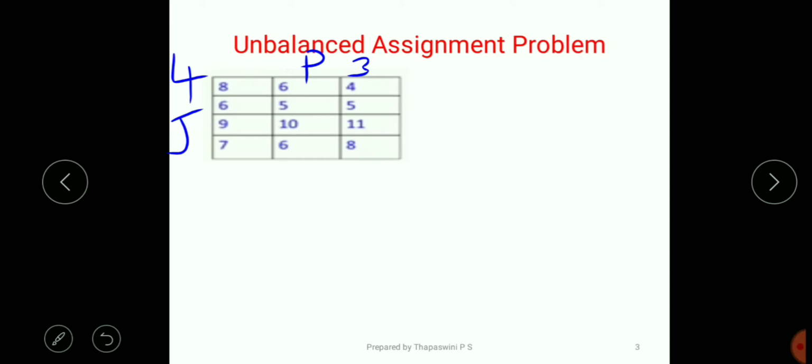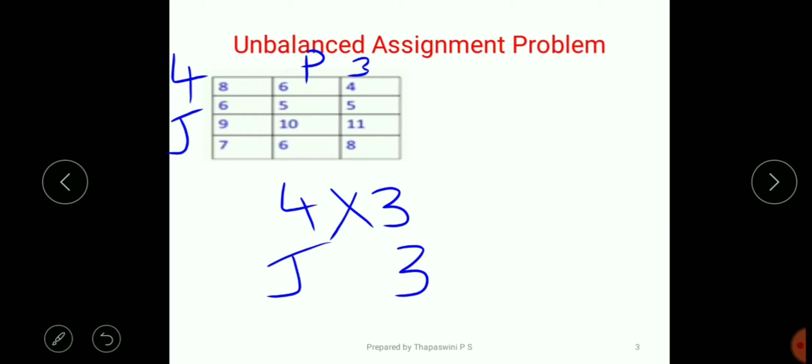So if we have to make it an equal number of entities, then we have to create a 4th person, that is an imaginary person who is going to charge 0 to do each of these jobs. So this is a 4 cross 3 assignment problem, that is 4 jobs and 3 persons problem.